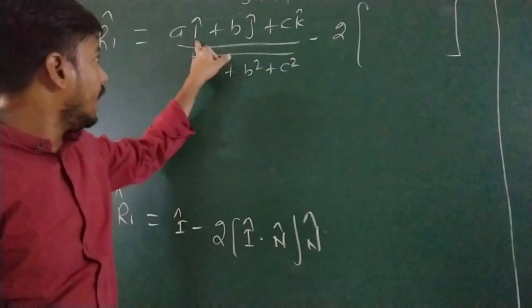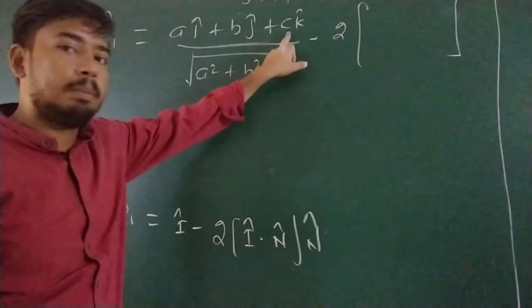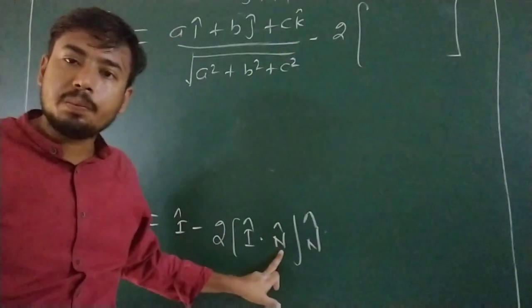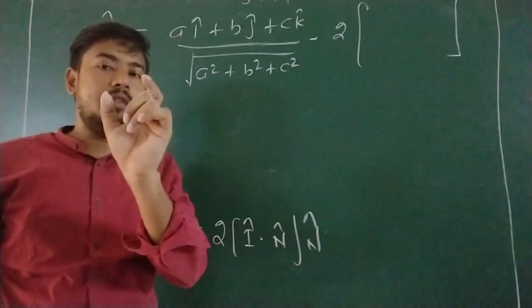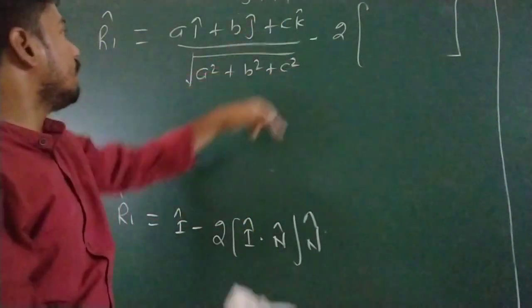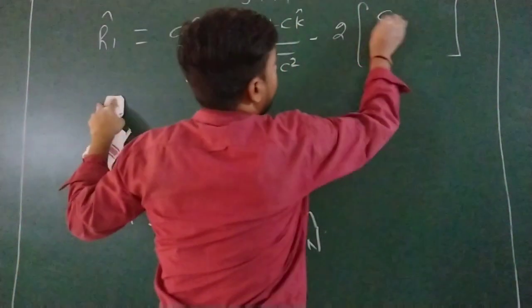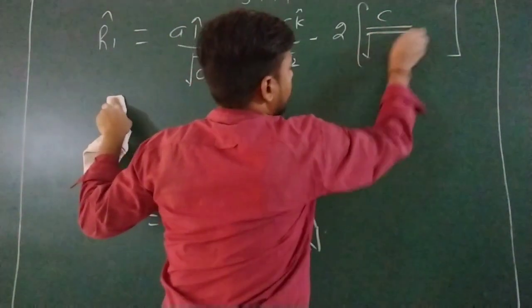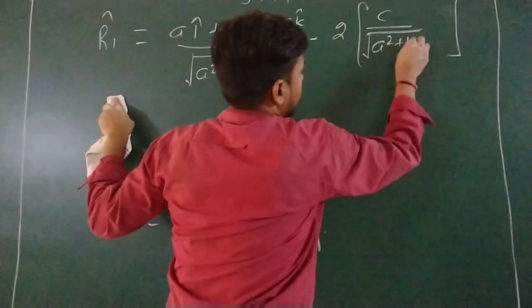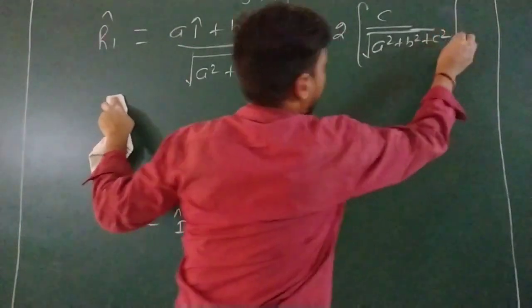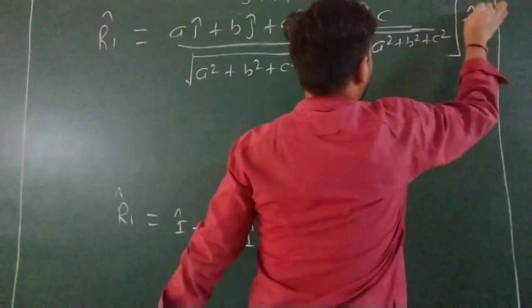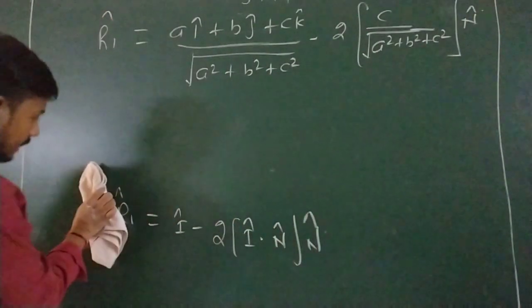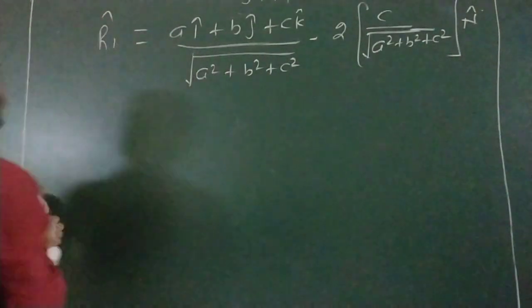Here we have A i cap, B j cap, C k cap, but in the case of the normal, only k cap. So in the dot product only the similar component will be found. It means the result will be C divided by root of A square plus B square plus C square into n cap.